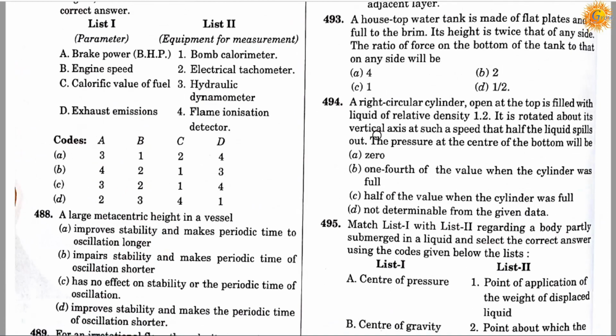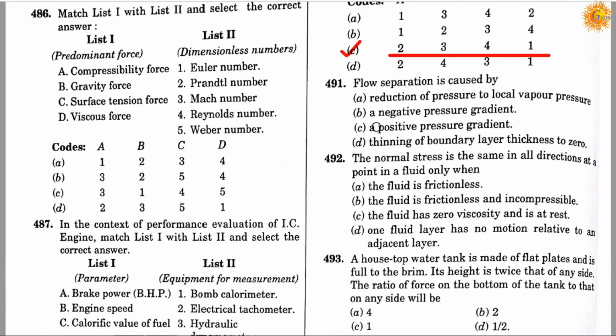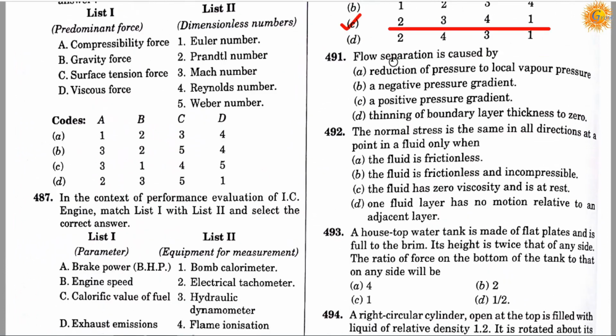Okay. Question number 491. Flow separation is caused by: option A, reduction of pressure to local vapor pressure, option B, a negative pressure gradient, option C, a positive pressure gradient, and option D, thinning of boundary layer thickness to 0.